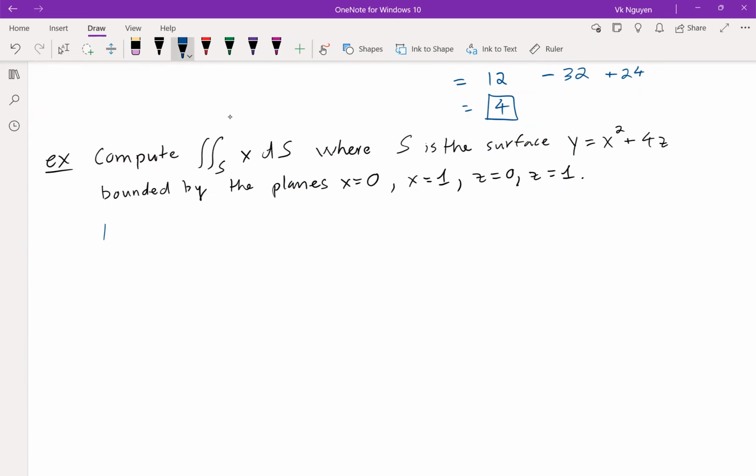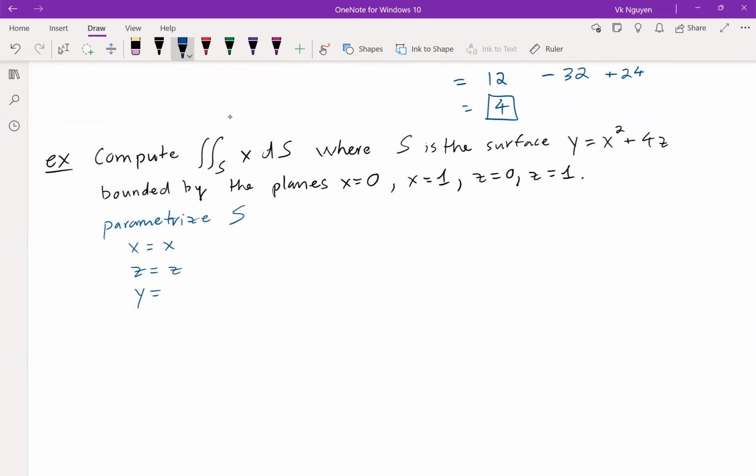Parameterize as according to this one, you can let x equal x, z equal to z, and then y is f(x,z) or g(x,z).